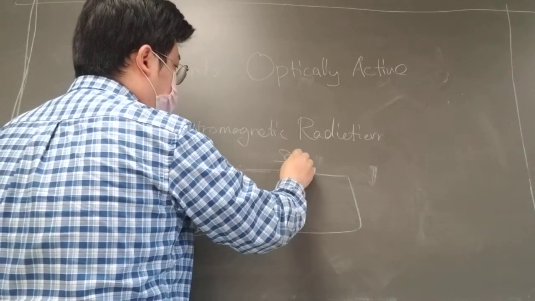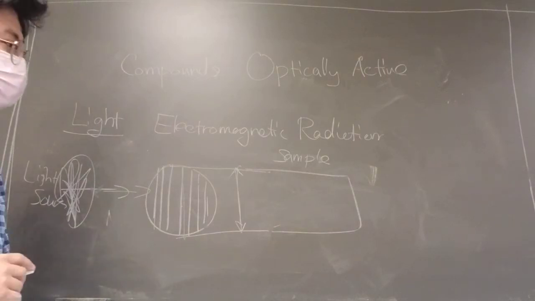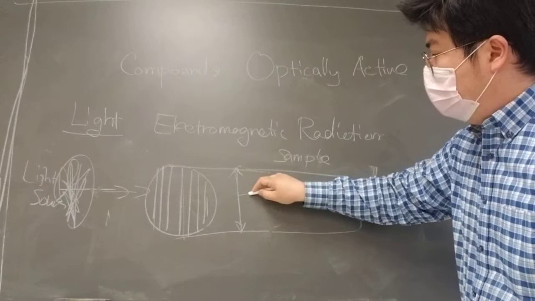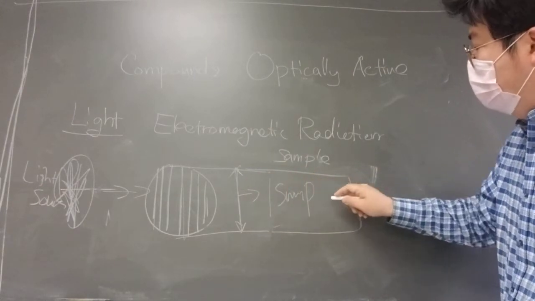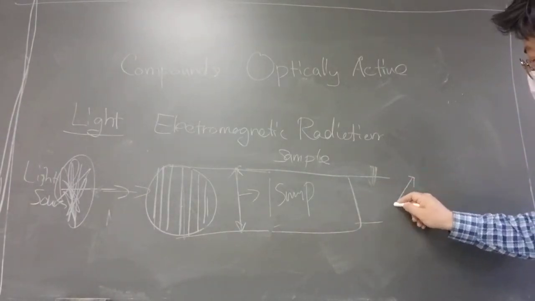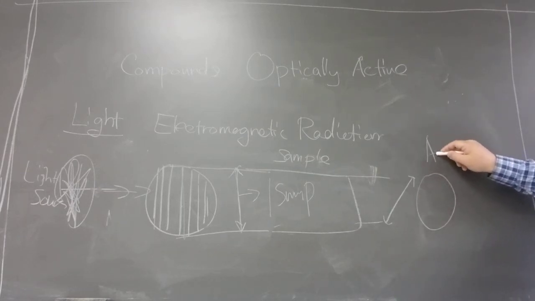Any compound, you're going to put it in that sample tube. When this polarized light goes through the sample and comes out from there, it may be rotated by a certain degree. Then you're going to detect it with an analyzer.